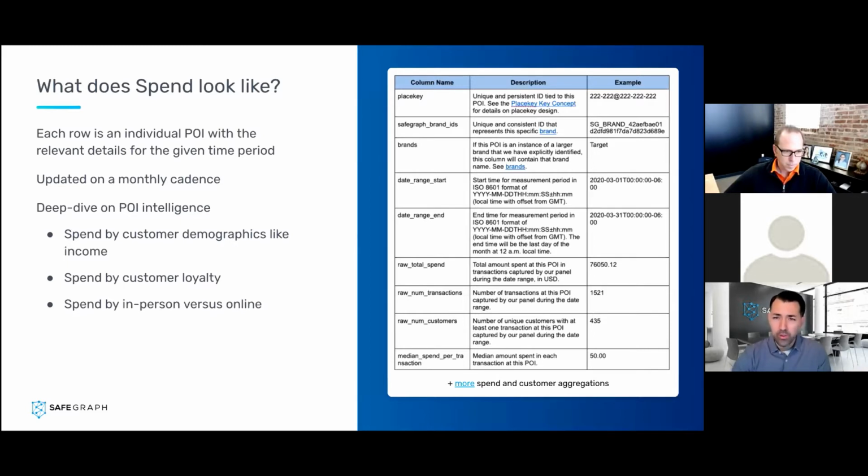And so for that last one, what we mean by that is you can understand the popularity of, say, in-store pickup orders at a given Target or online deliveries from a particular restaurant. But the list of individual fields is too long to cover right now in detail. But as always, for any of our products, our schemas and our formats are publicly available on our website.